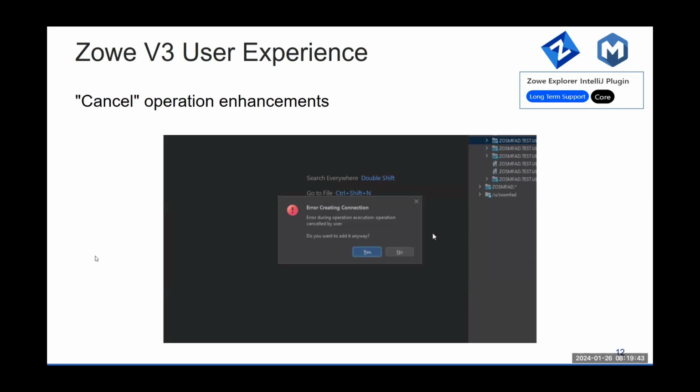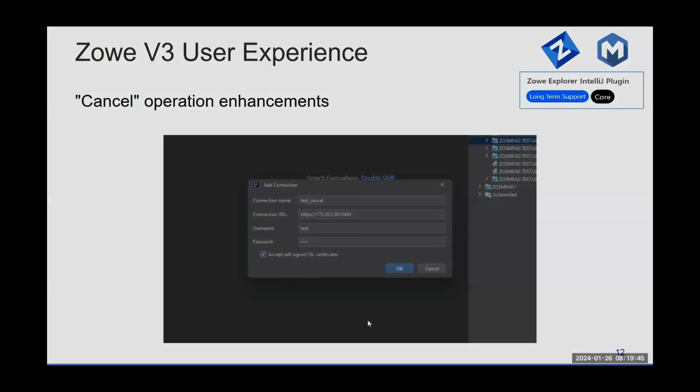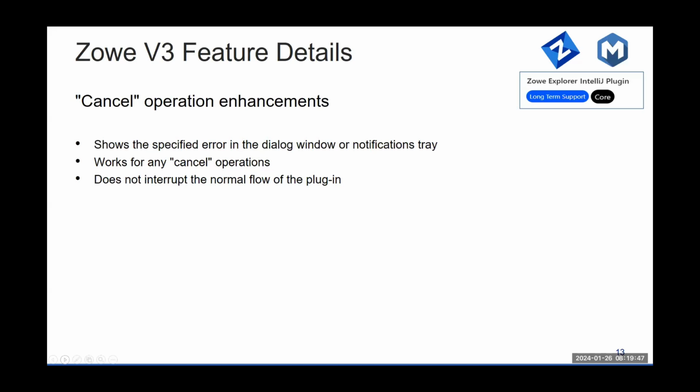Okay, next slide, please. It will show the specified error in the dialog window or notification tray, and will work for any cancel operations, and it will not interrupt the normal flow of the plugin.